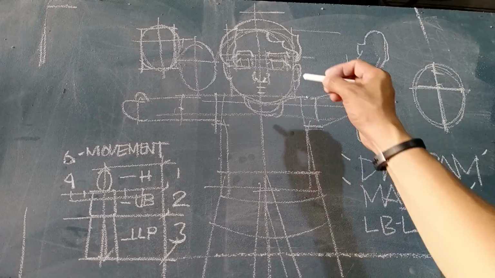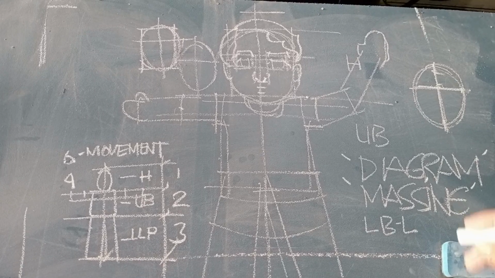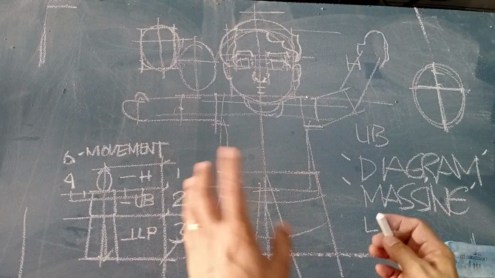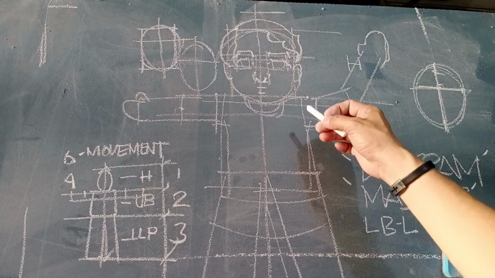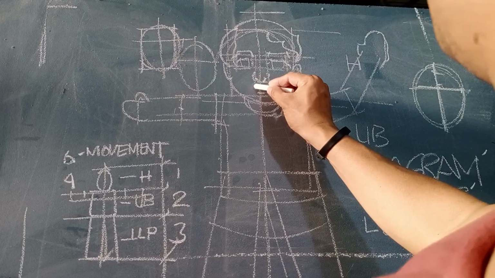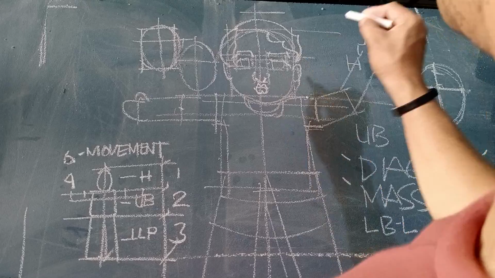By the way, it's not yet well detailed, especially the eyes. We're not yet going into the detail. We'll draw a big head later, or the zoomed detail. And for the last, the lips. As simple as that.